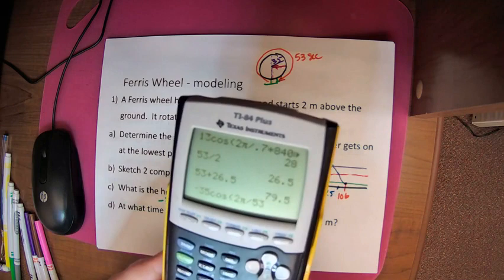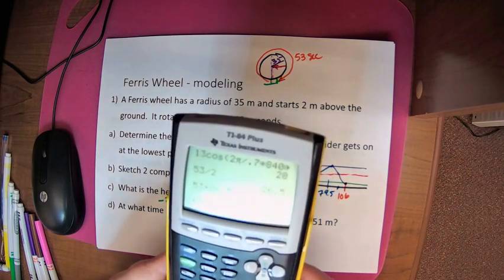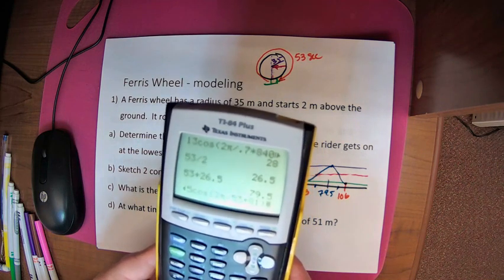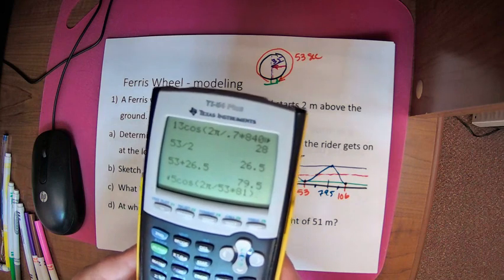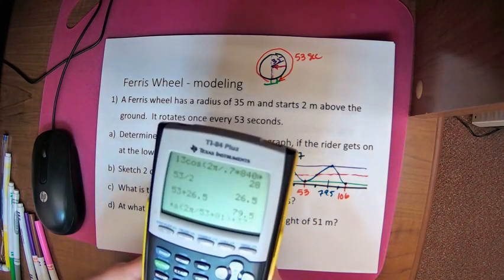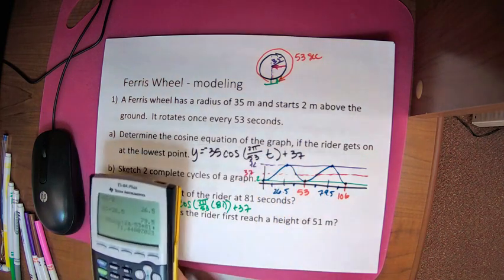Oh, there we go. Now you can see it. Times 81, and put parentheses around that whole thing right there, behind what's in cosine there. Okay, and then we'll add the 37. That can go straight into the calculator and output 71.44.